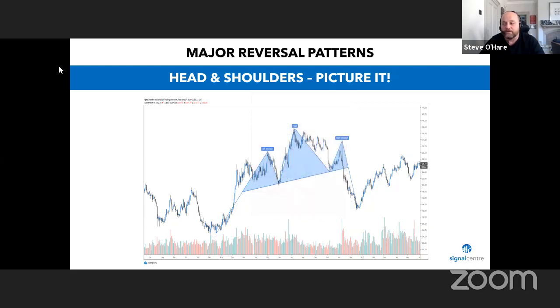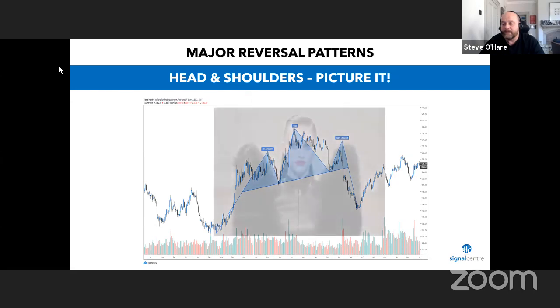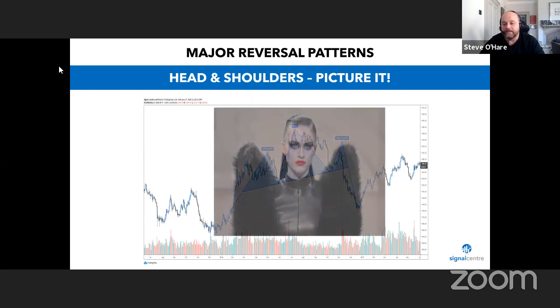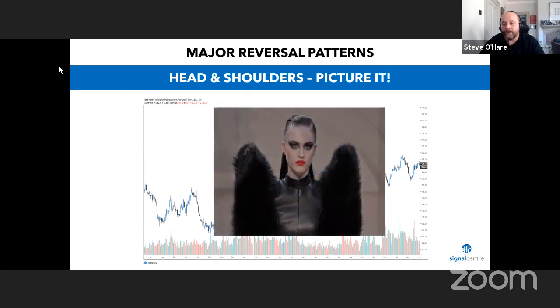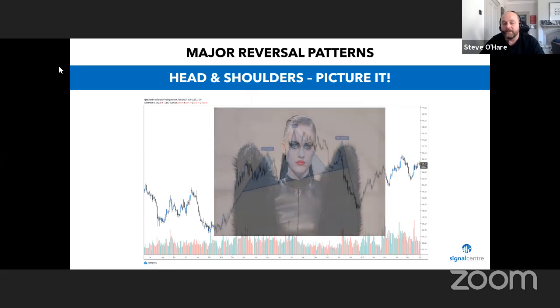I haven't quite got the shoulders for it, but I've got a great picture here, which I picked up, that does. You see the real spike higher into the left shoulder, down to the neckline, the head, down to the neckline again, back to the right shoulder, and then the big sell-off. Looks a little bit prettier than me.